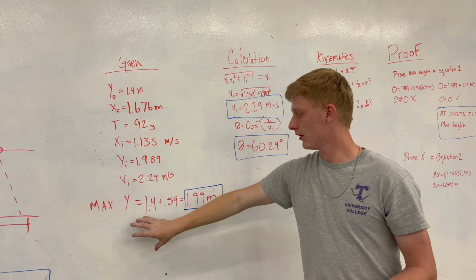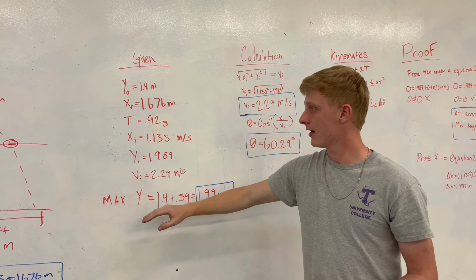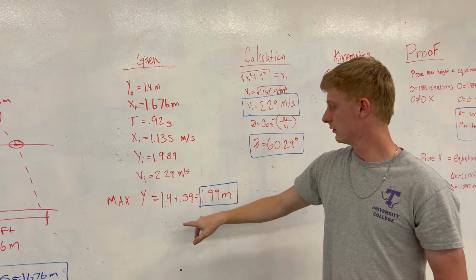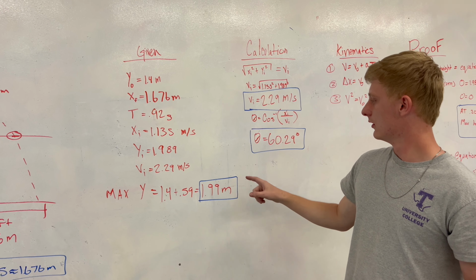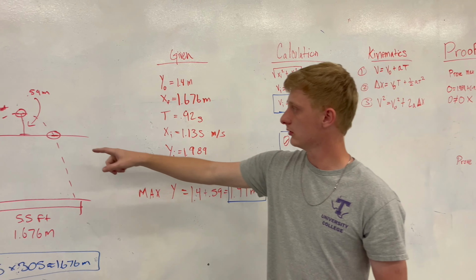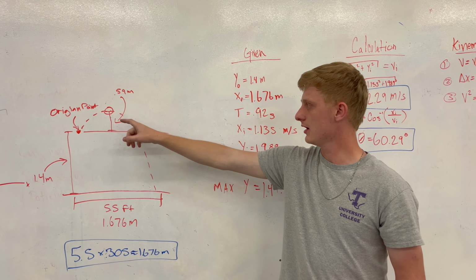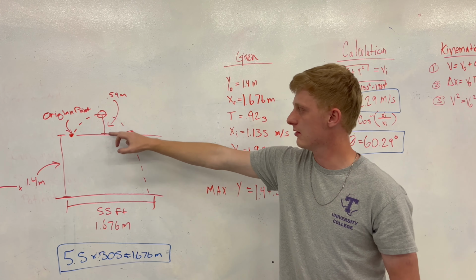And the highest Y point was 1.99 meters. We got that because in Logger Pro, we could see along the middle it showed 0.59 from the point of origin.